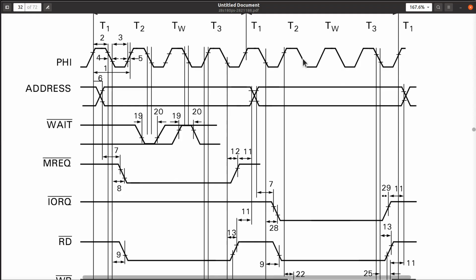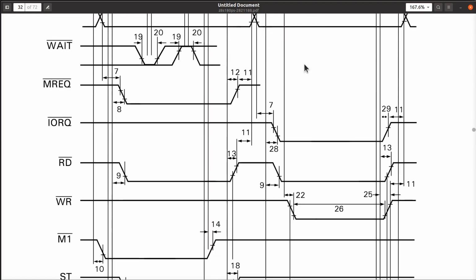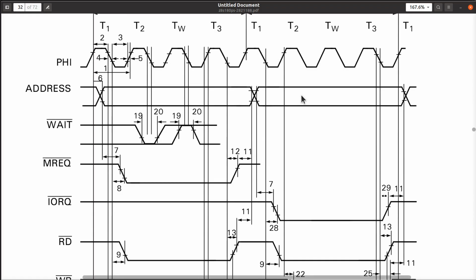I'm only running at 18.4 something megahertz. So whenever these are 25 nanos and they look like they may overlap and coincide with these edges here, mine will go slightly ahead, given those guarantees. But I'm going to assume that my worst case is that I'm running at 20 megahertz instead of slightly slower, okay?